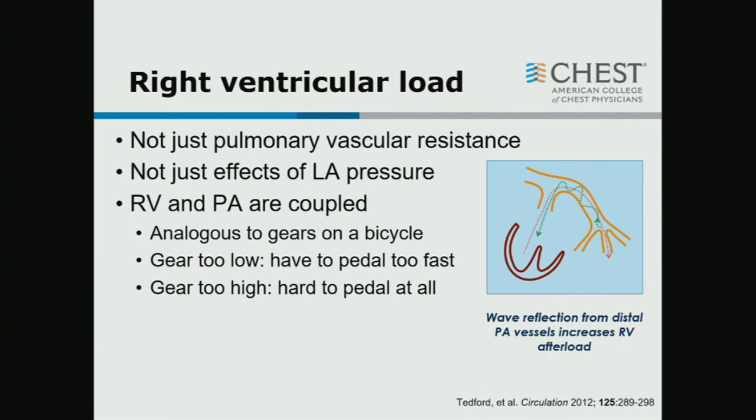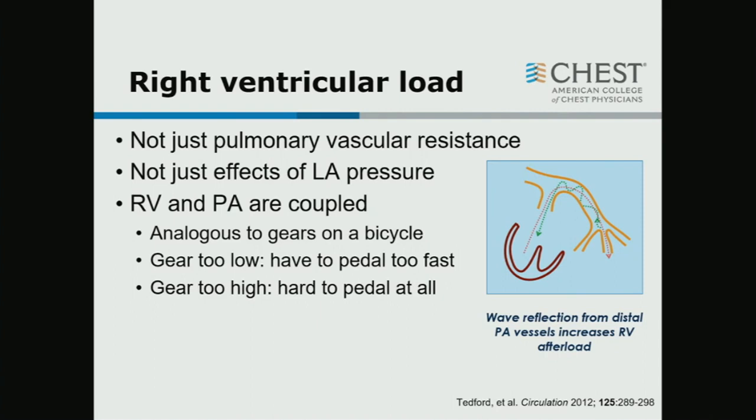In addition, the right ventricular load is not just determined by pulmonary vascular resistance, and it's not just the effects of left atrial pressure. The right ventricle and the pulmonary artery are coupled. So I've used this term coupling a couple of times, and this is a great analogy from my friend Cliff Grayson. It's sort of analogous to gears on a bicycle. You want the gear to be right. If the gear is too low, you've got to pedal and pedal and pedal to get everywhere.